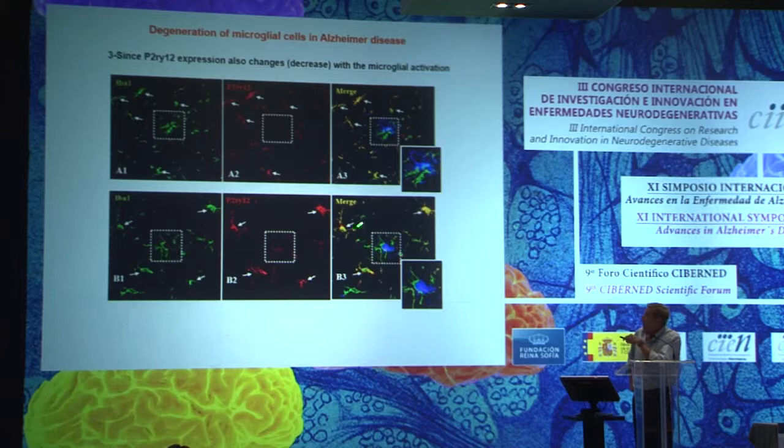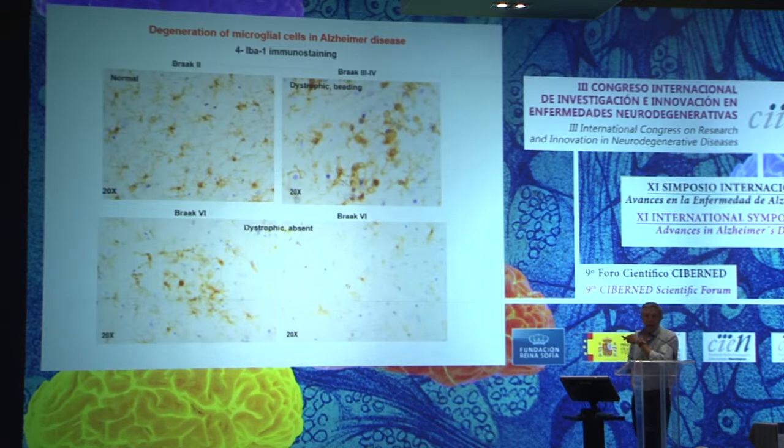However, the expression of the purinergic receptor vanishes in active cells contacting A-beta depositions. So, purinergic receptor 12 is not a good marker to see if the microglia decrease or not, because the expression changes with activation. Therefore, we made the same experiment using IBA1.